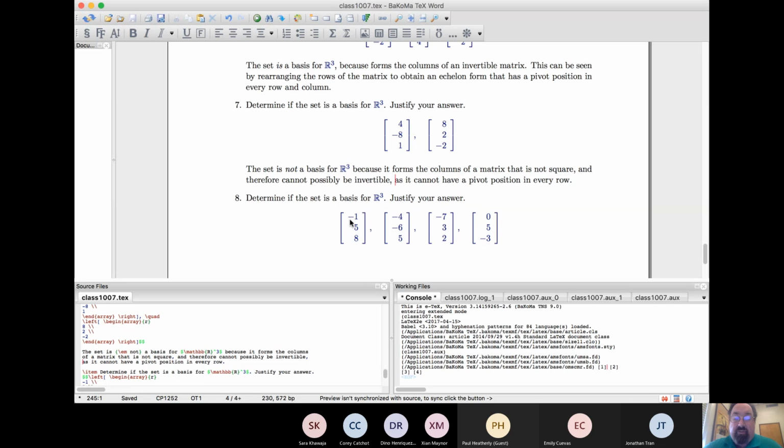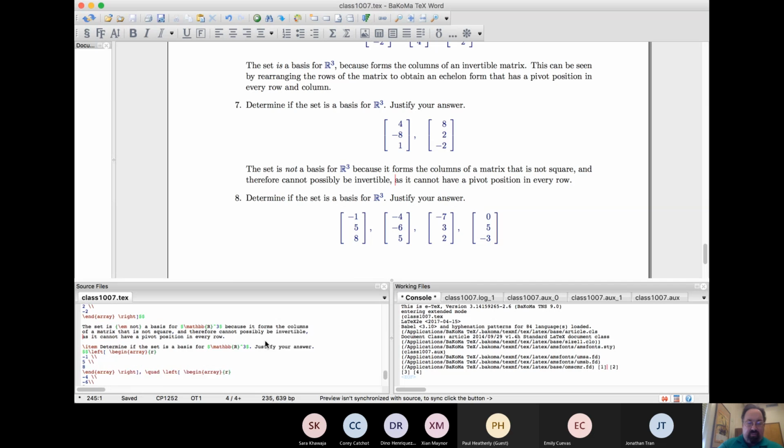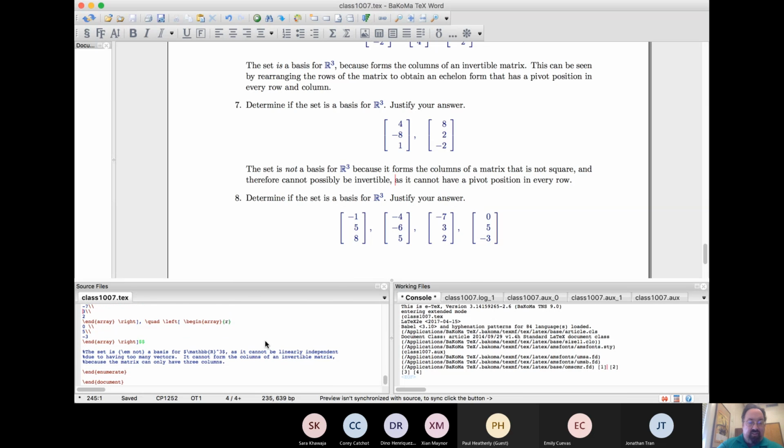But because we have vectors that are only 3-dimensional and we have 4 of them, there's no way this set of vectors is linearly independent, because in an n-dimensional space, the most vectors you can have that are linearly independent is n. Anything above that is going to be redundant.